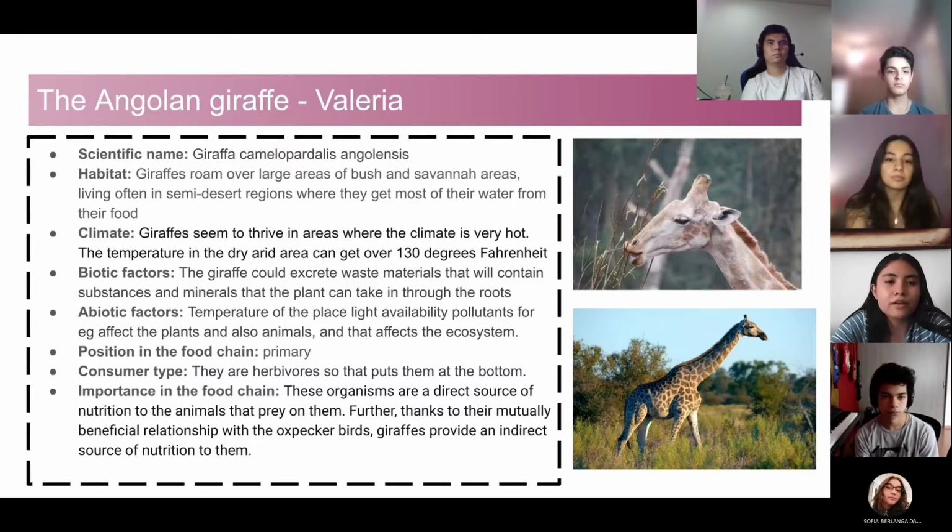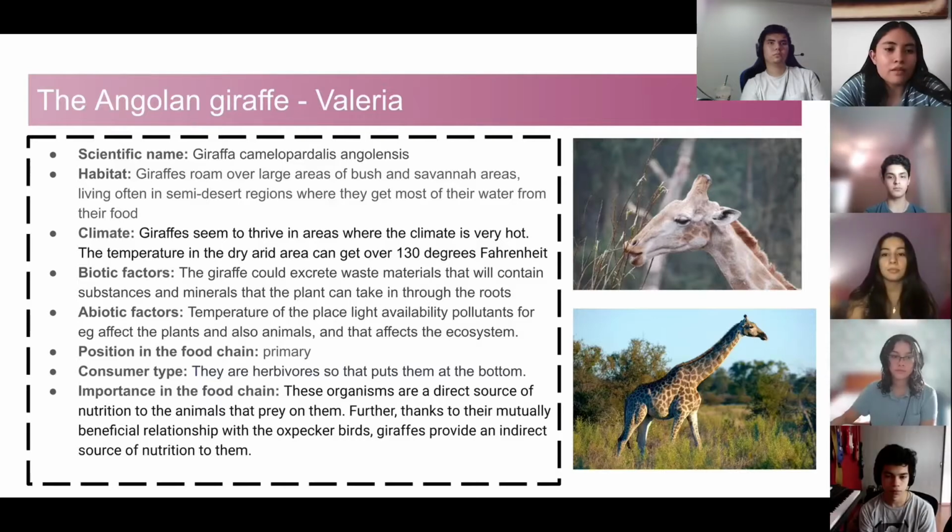The biotic factors: the giraffe excretes waste material that contains substances and minerals that the plants can take in through the roots. The abiotic factors: the temperature of the place, like availability and pollutants, affects the plants and also animals, and that affects the ecosystem. They are primary consumers in the food chain.